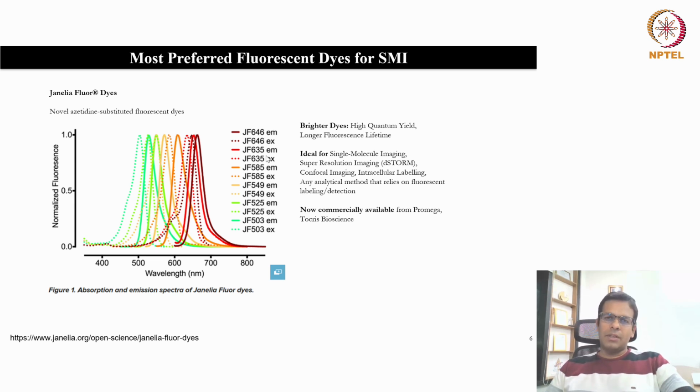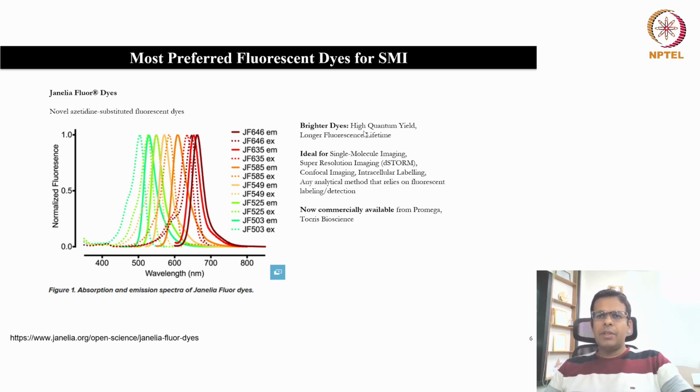or JF635 or JF585. All these dyes are ideal for single molecule imaging, super resolution imaging, confocal imaging, intracellular labeling, and any analytical method that relies on fluorescent labeling and detection. And now they are commercially available.